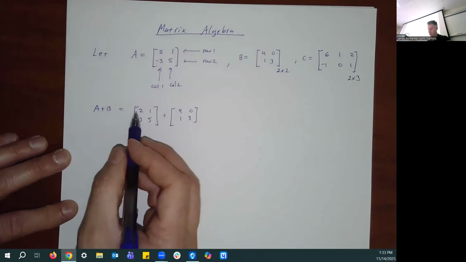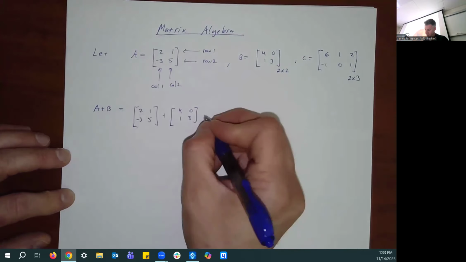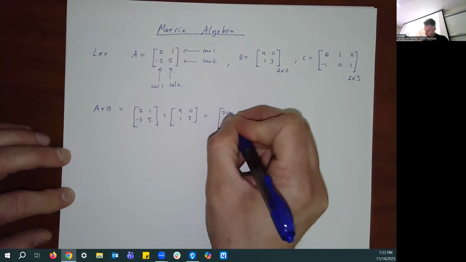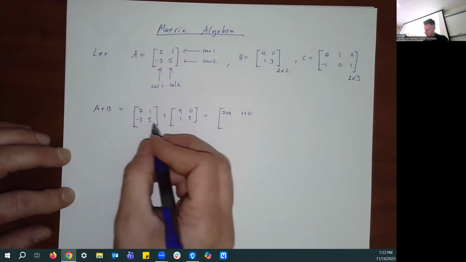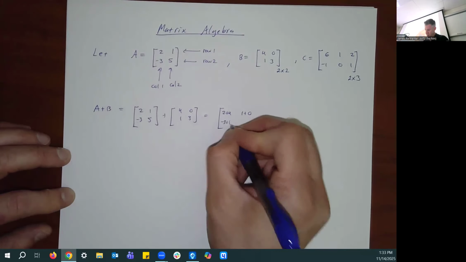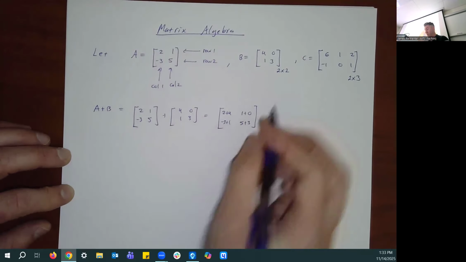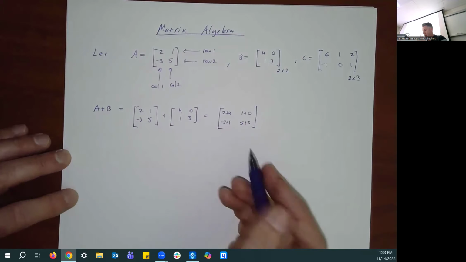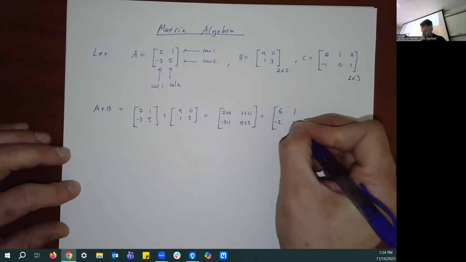And the component in the first row and first column is going to be 2 plus 4. And then first row, second column, 1 plus 0. Second row, first column, negative 3 plus 1. Second row, second column, 5 plus 3. I would probably encourage you to skip this intermediate step and just do the addition and get 6, 1, negative 2, 8.